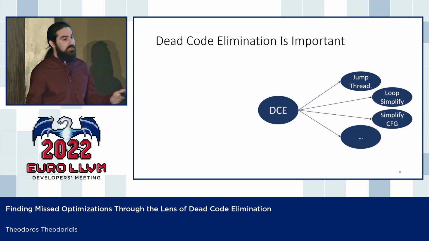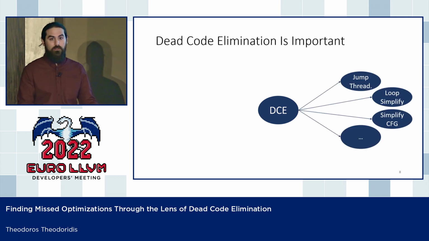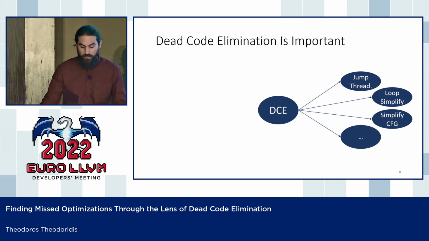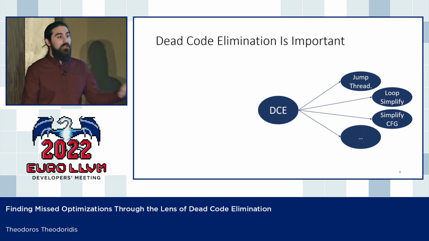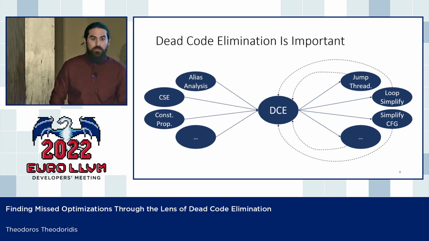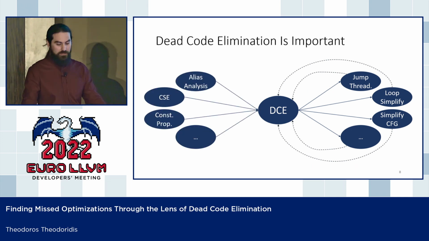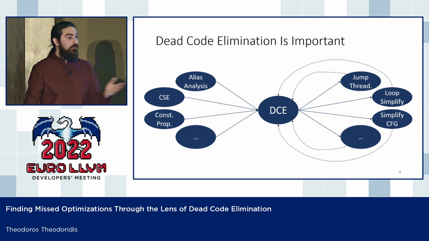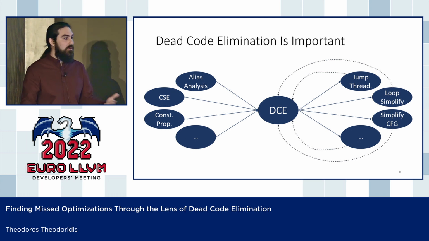So downstream passes have an easier job at transforming or optimizing the program. At the same time, DCE runs multiple times, so these downstream passes will also affect DCE, and there are others that run before it. So DCE is in this nice position that it affects many other passes, so it's really important for a compiler to remove dead code to simplify the job of the remaining components.